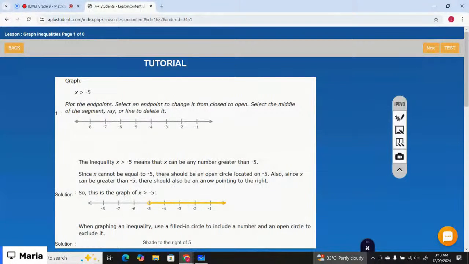The first one is graph x is greater than negative 5.